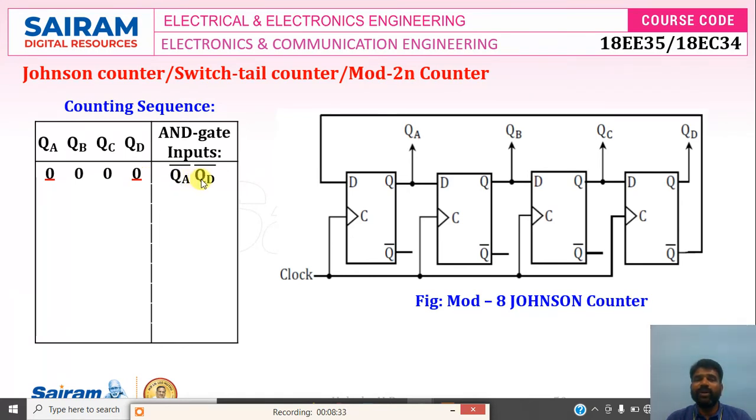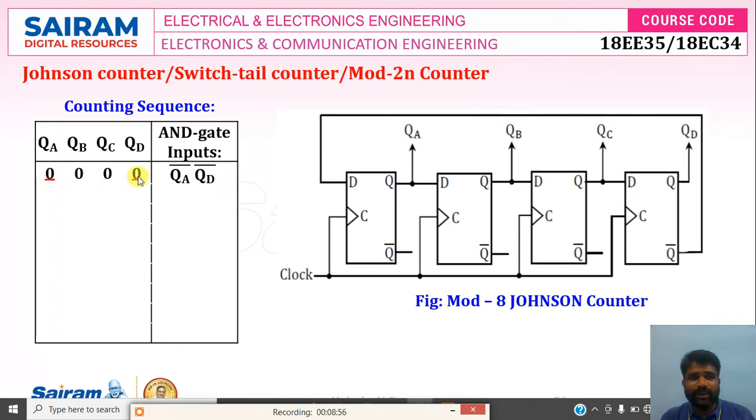So QA bar and QD bar are the inputs to the AND gate. When the output is 1, the state is 4 zeros. This is a distinct state. These two zeros are not present together in any other state. We'll see it next.